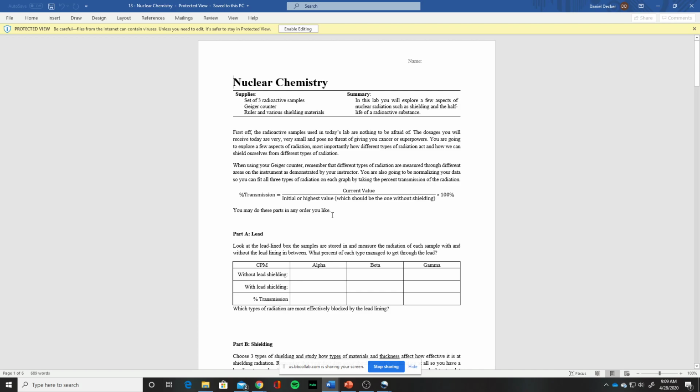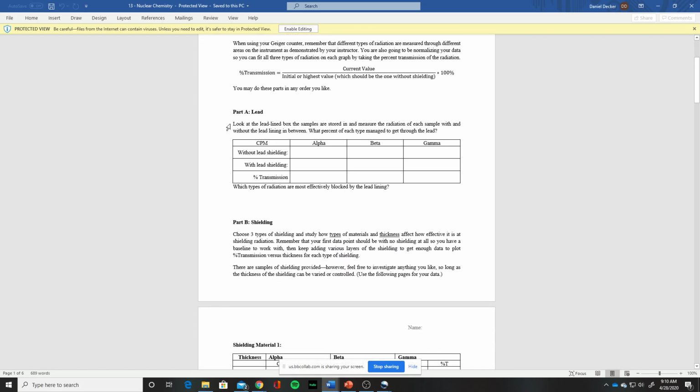We've had a few slightly different versions over the years, but I believe this is the correct one that I have on my computer. I do have a few quick things that I want to mention about the nuclear chemistry lab here. So number one, part A, I don't think I'm going to be able to do this part. I don't think I have the correct lead shielding to do this, and I'll double check when I go and actually get the data.